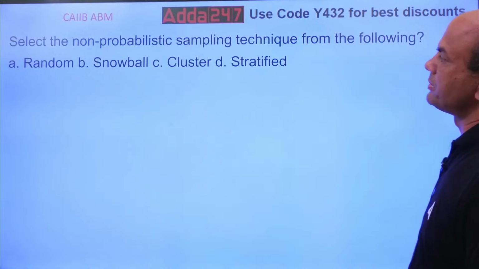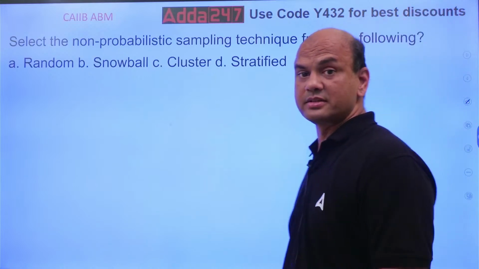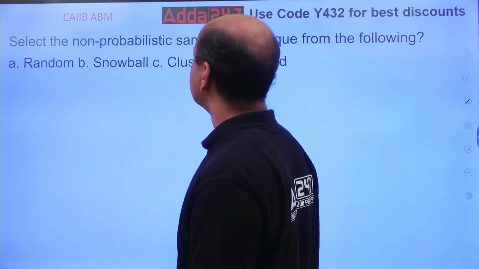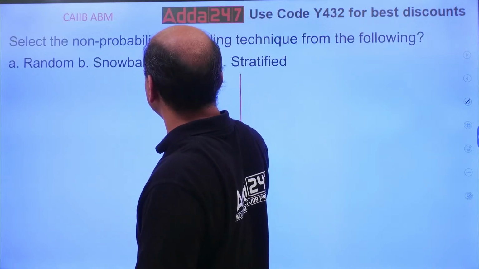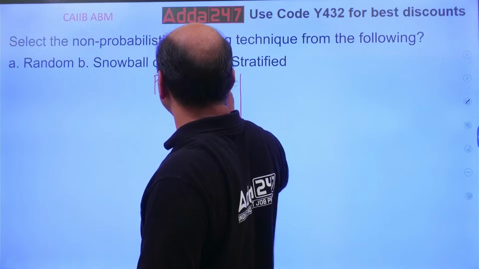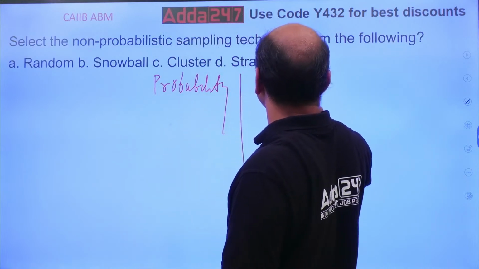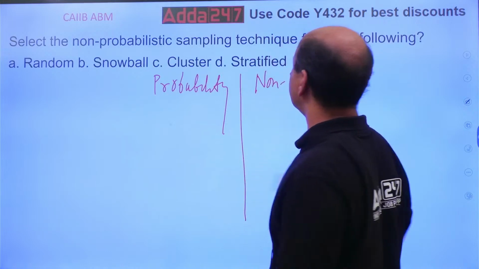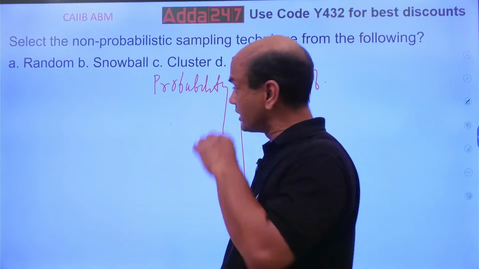Select the non-probabilistic sampling techniques from the following. There is probability sampling and non-probability sampling. Probability sampling is of four types, kindly note.